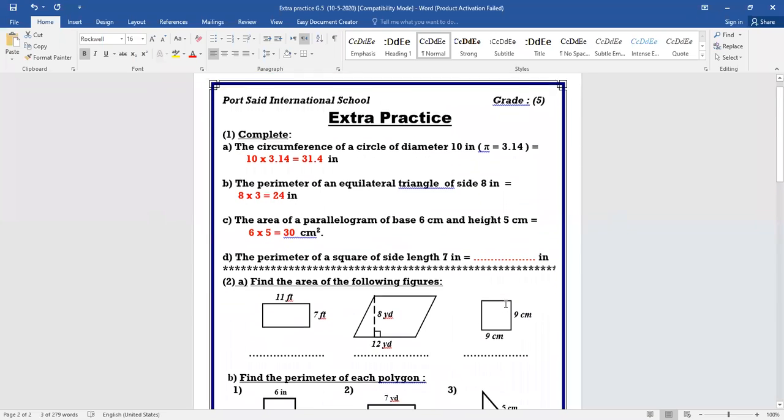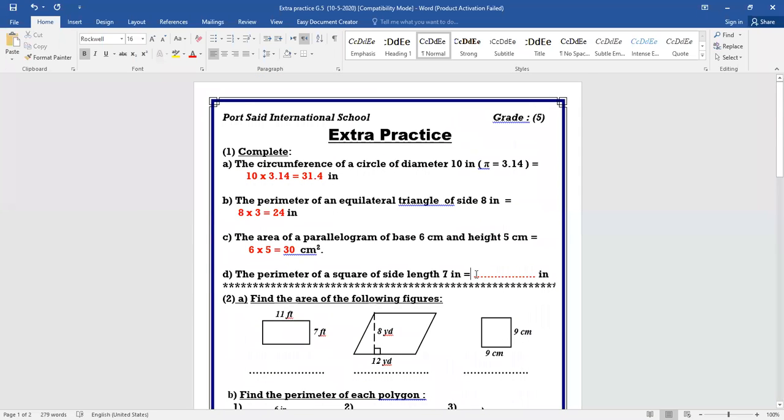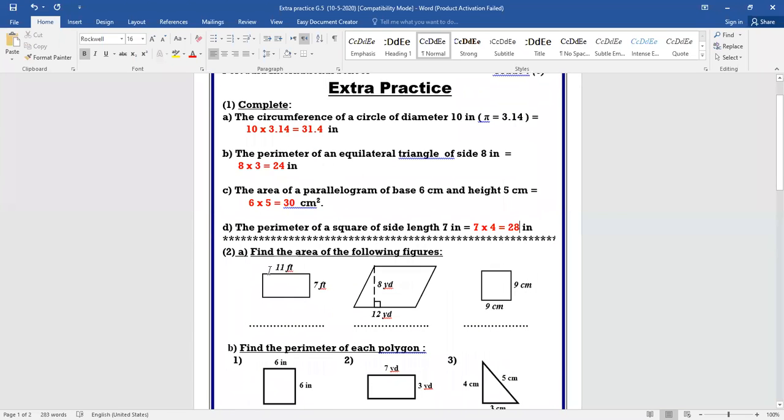For that we multiply here 7 by 4. It will be 28 inches. Thank you.